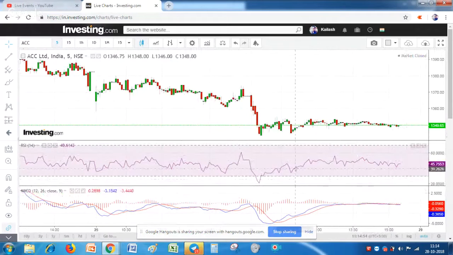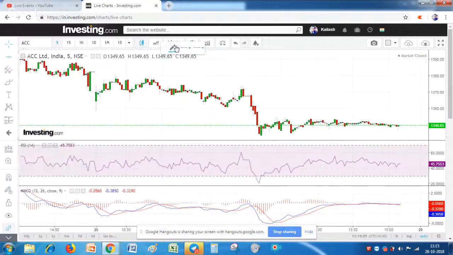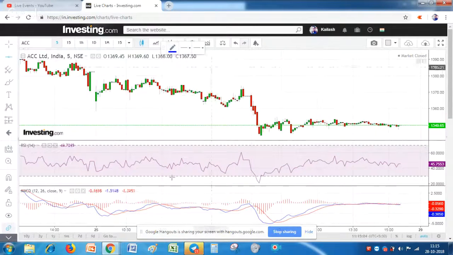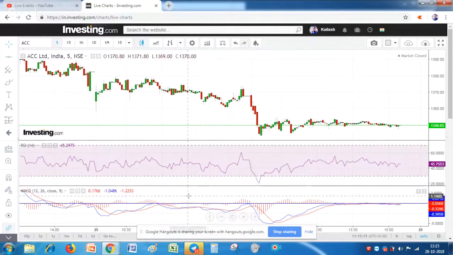So friends, first of all, I will take a horizontal line. Let us make it a blue line. So friends, we have to mark one level of the MACD. That is the zero level.